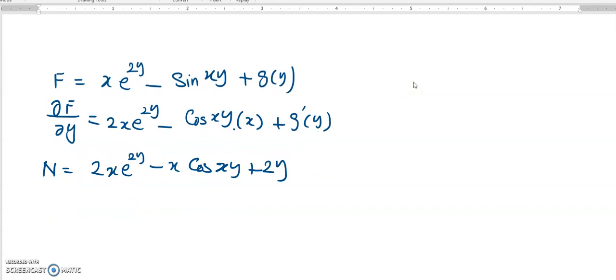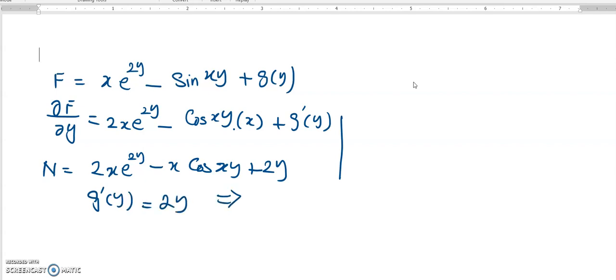So here you can see that both are equal. So this is x cos xy, this is also here, and this is 2x e power 2y. So therefore, if both have to be equal, then g prime of y will be equal to 2y.